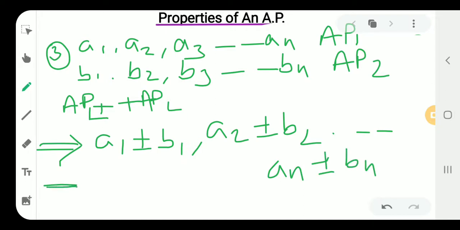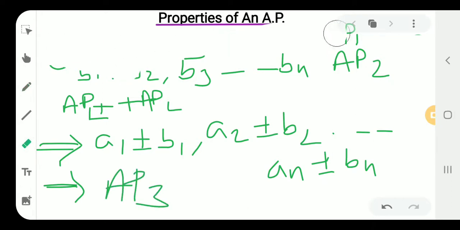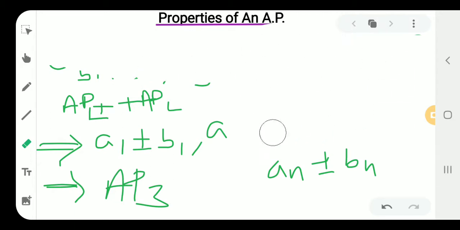This sequence or series will also be in AP. Let's call it AP3.